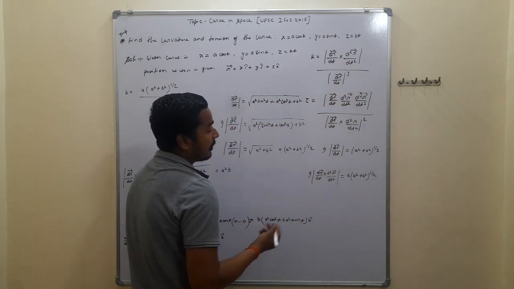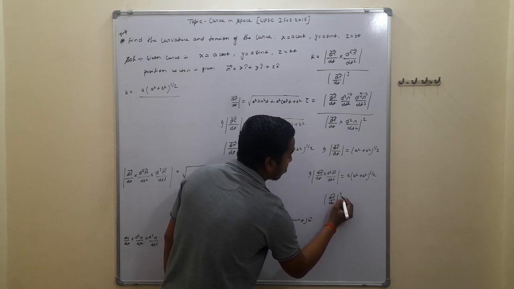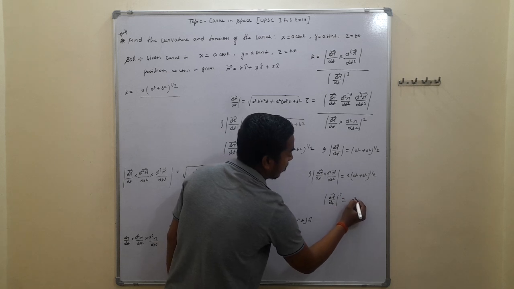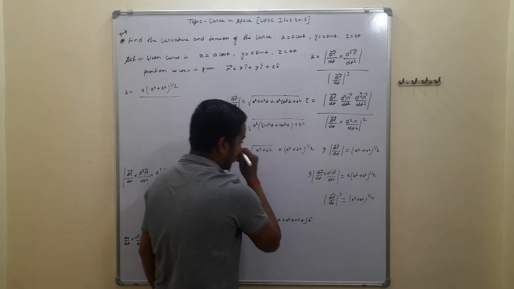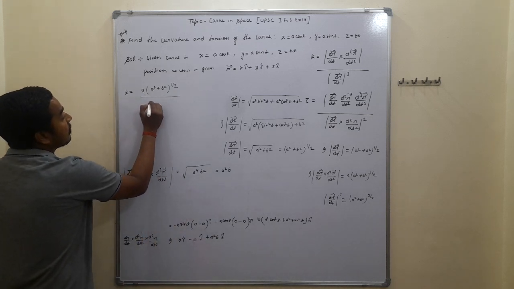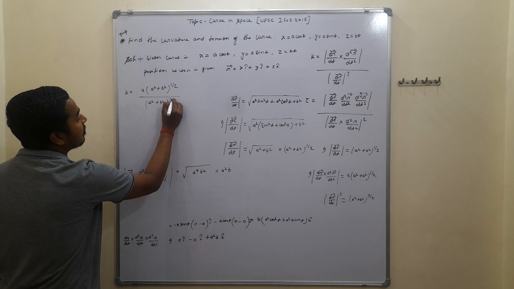When we cube the mod of dr upon dt, this gives a square plus b square to the power 3 by 2. So we write here a square plus b square to the power 3 by 2.